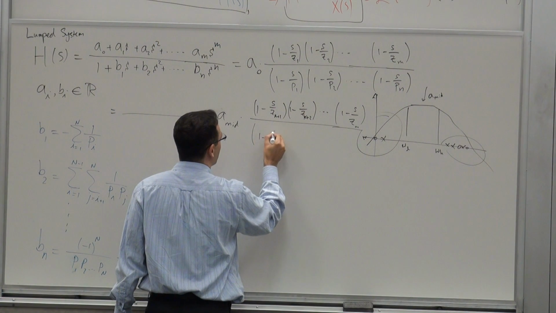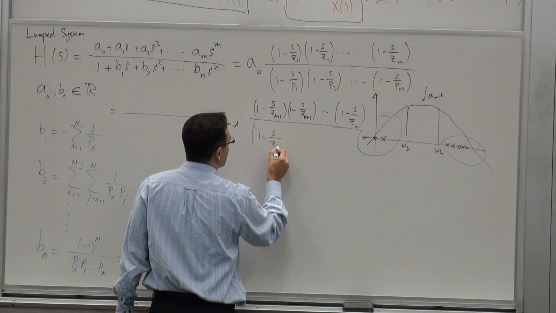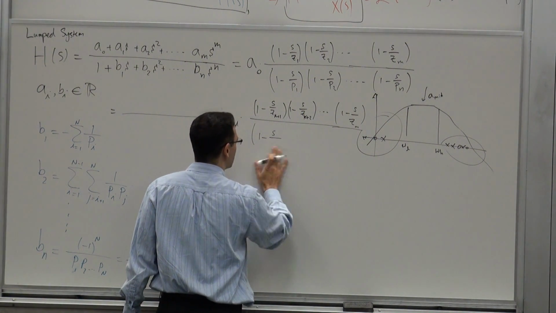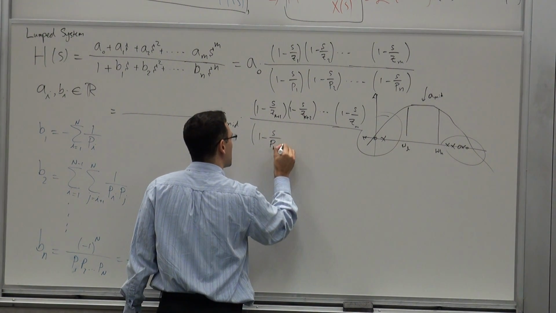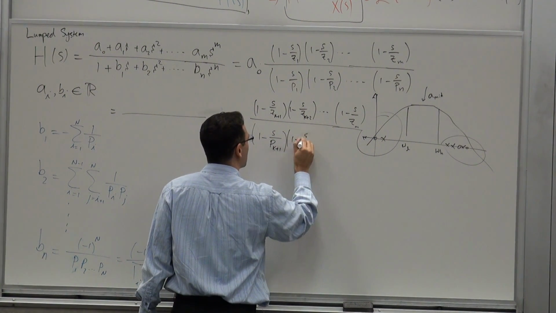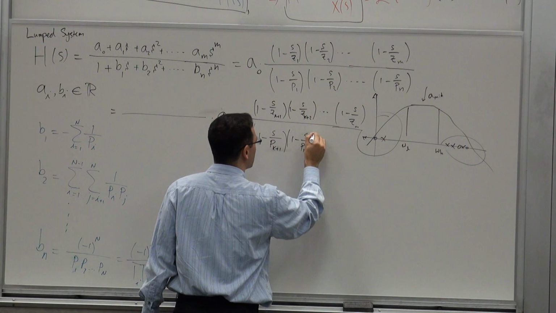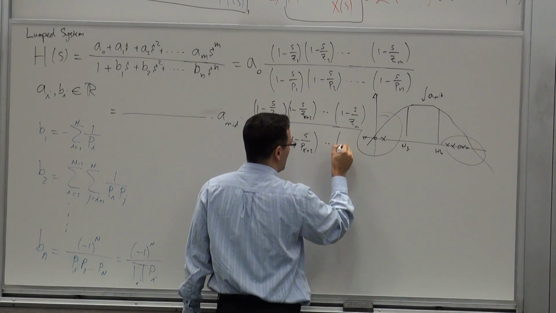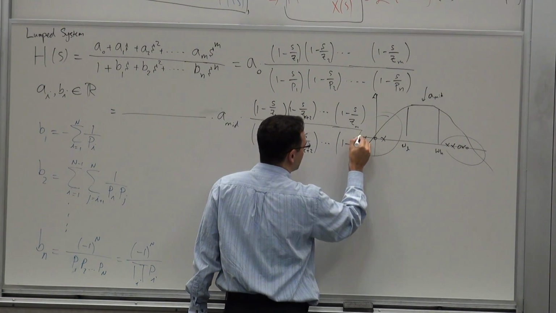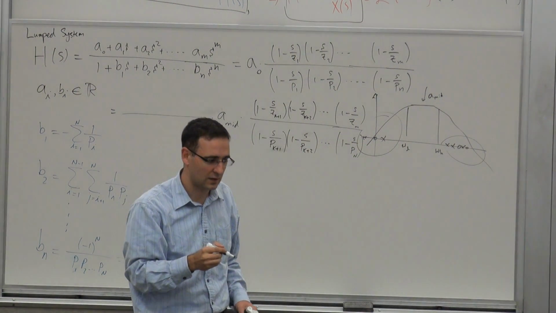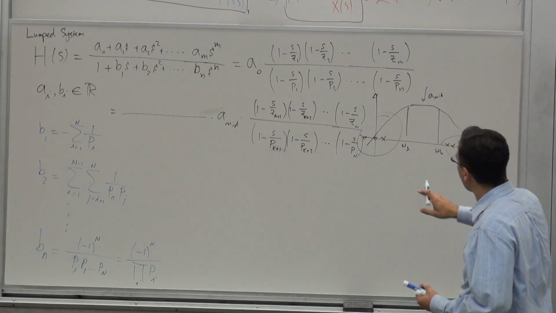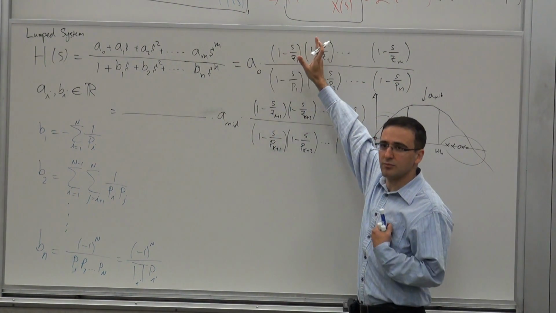And then in the denominator, I will have 1 minus S over P_{k+1}, 1 minus S over P_{k+2}, all the way to 1 minus S over P_n. Alright? You okay with that? Now, that part is very similar to what was there, the high frequency stuff.